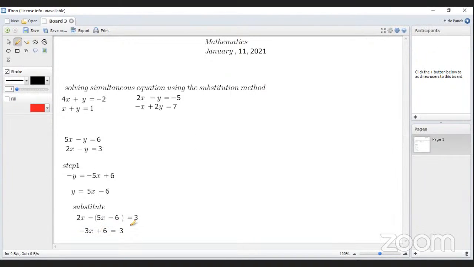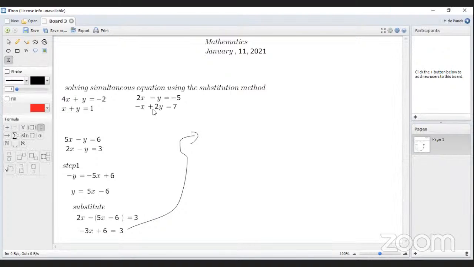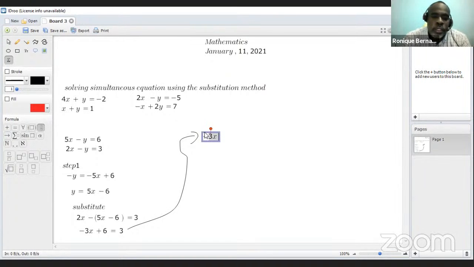Subtract the 6 from the 3. So minus 3x is equal to 3 minus 6. All right. Continue.